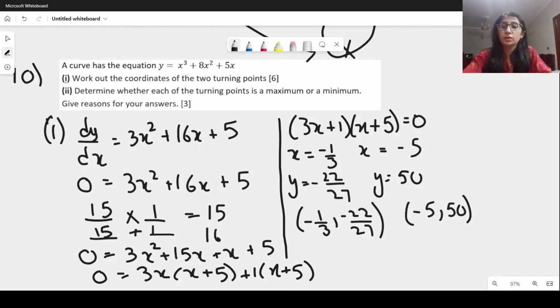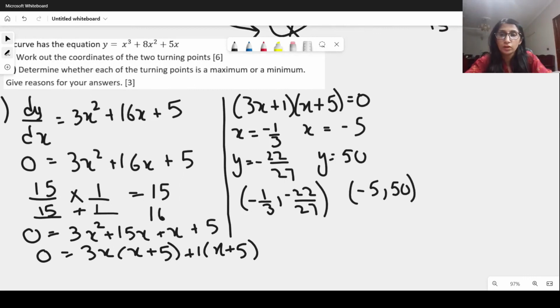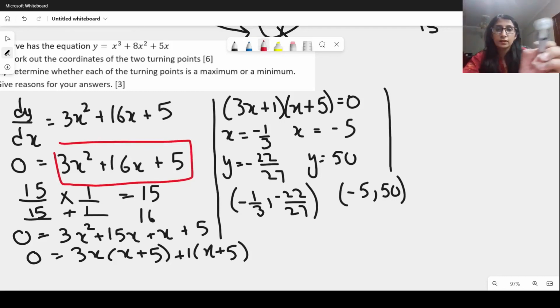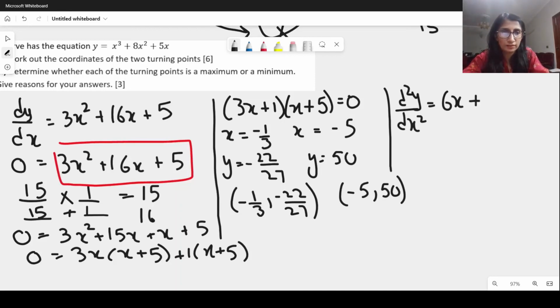Now we have to determine which of these turning points is a maximum point or a minimum point. So again, for that, you find the second derivative of the function. So this is the first derivative. I'll derive it again. When I take the second derivative of the same function, I get 6x plus 16. Now, when x equals minus 1 over 3, is the second derivative positive or negative?